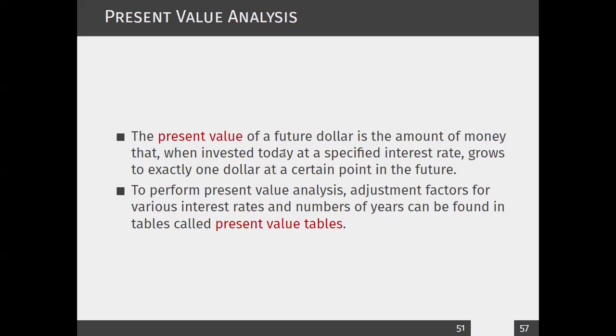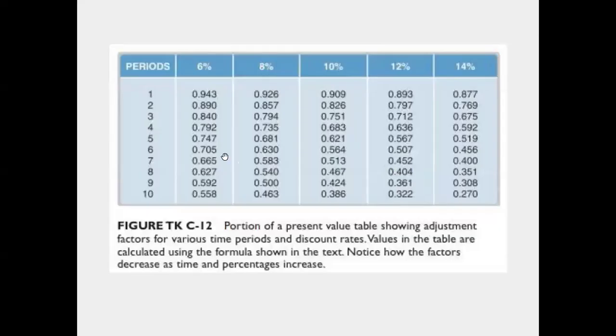You can calculate it yourself, using interest rates that you already know, but normally we get these values from present value tables, with information such as the periods and the interest rates.